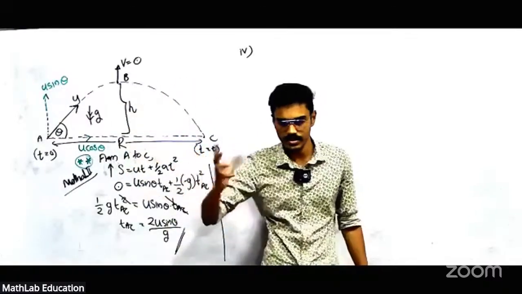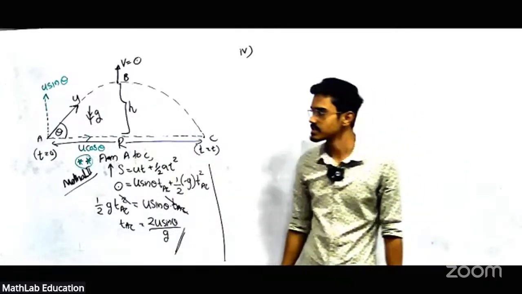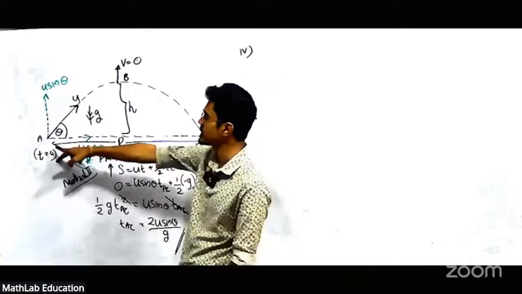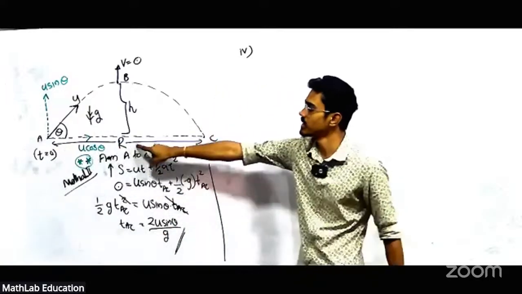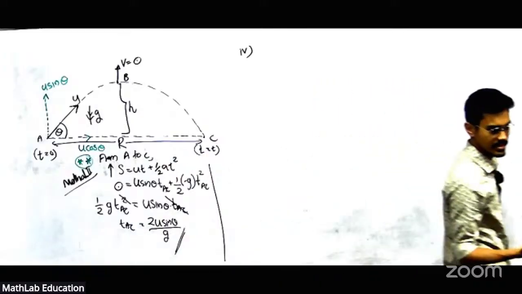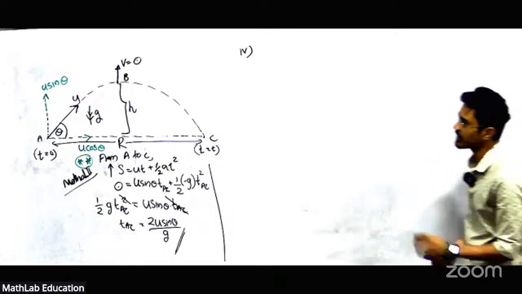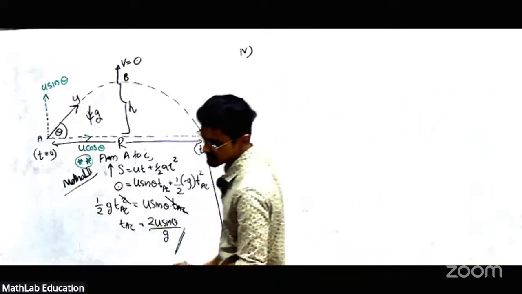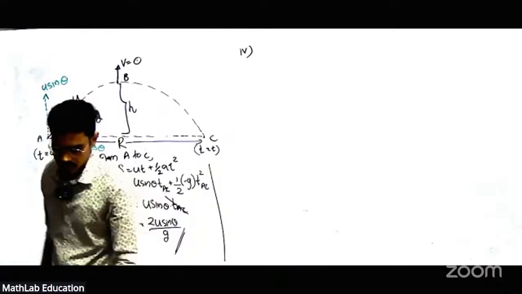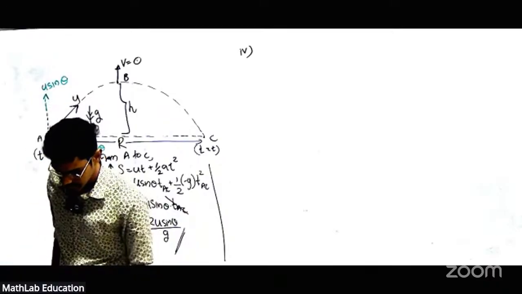So different technical terms are there. In this case, there is a distance from A to C. We denote it by R with the meaning of range. So think and do something to determine R.